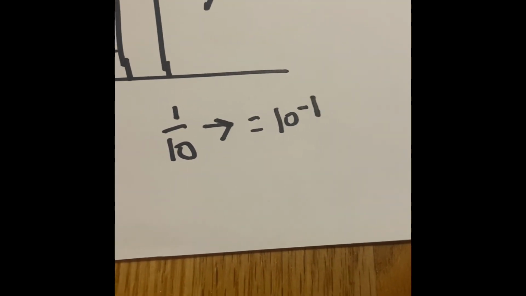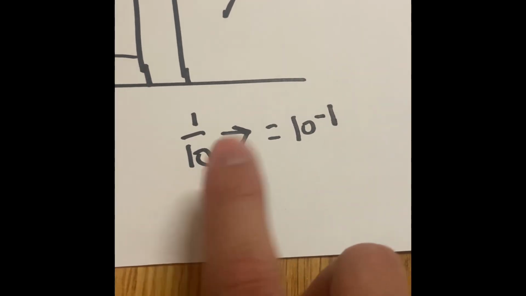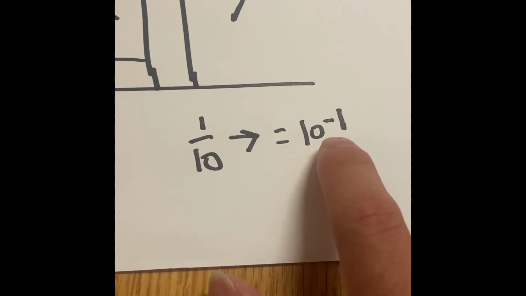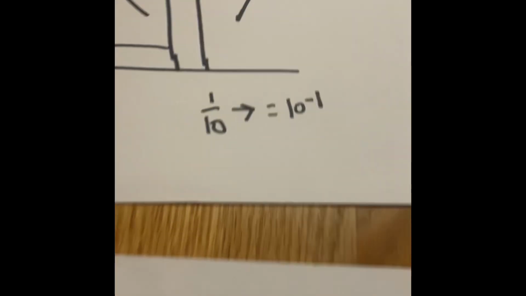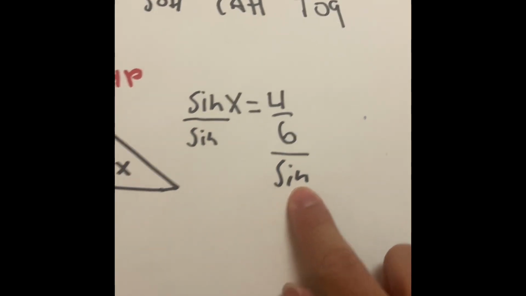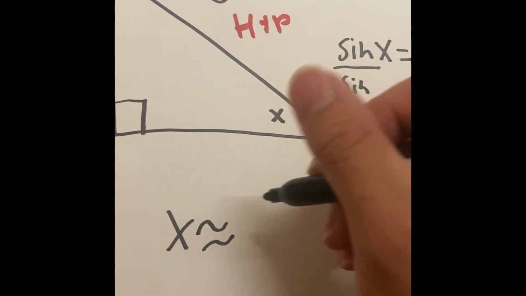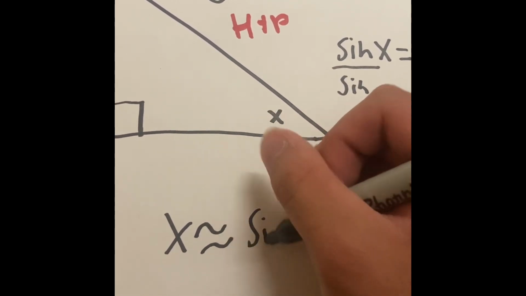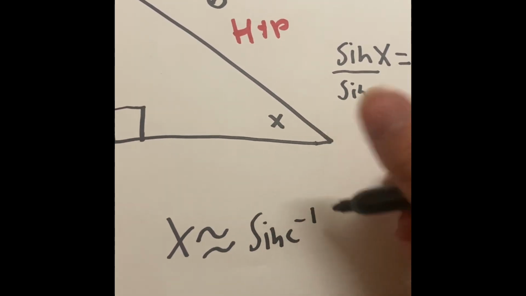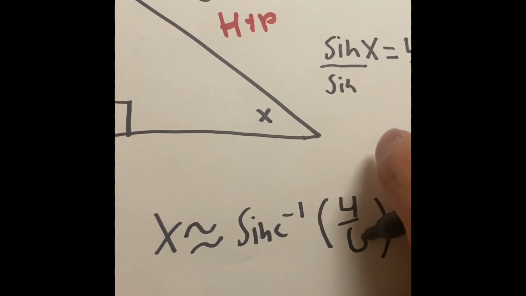So if 1/10 is the same thing as 10 to the power of negative 1, then we can also say that sine can be a negative 1. So x is going to be around sine to the negative 1, multiplied by 4 over 6.